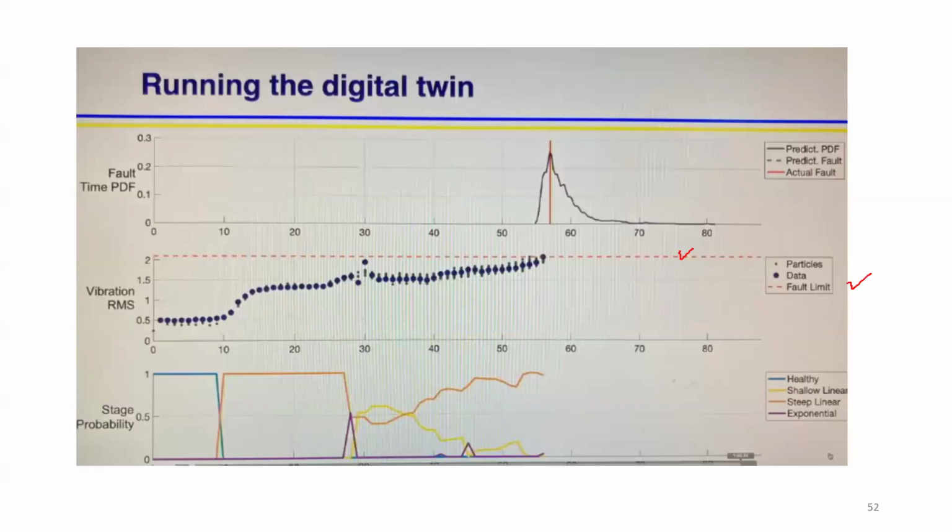Initially, the system is in healthy position, and gradually it is moving towards the faulty line.